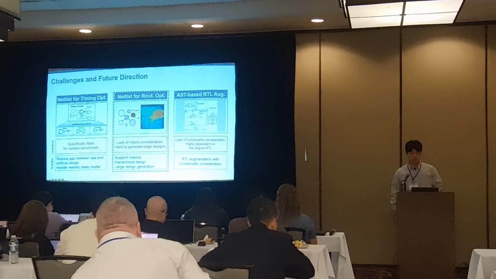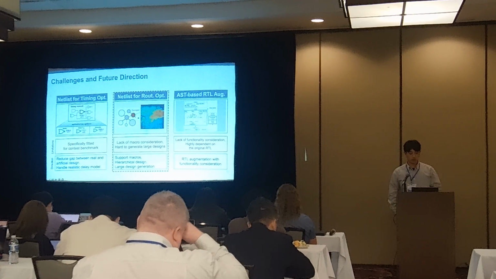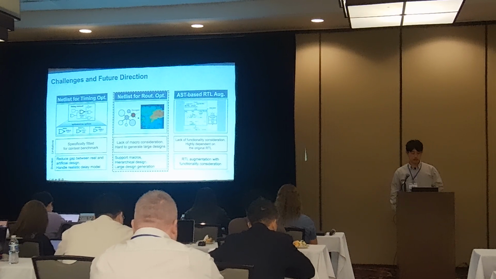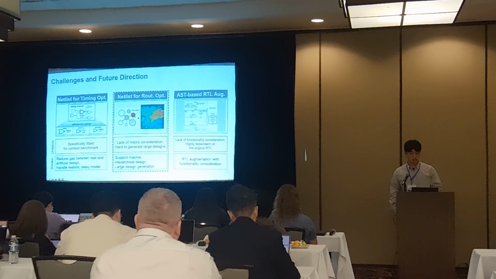For routability prediction, AMG has limitations such as the lack of macro consideration and difficulty in handling large-scale designs. To overcome this, future work should focus on supporting macros, enabling hierarchical design, and generating large designs more efficiently.